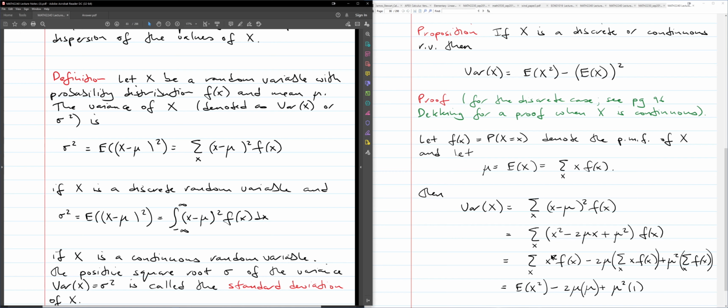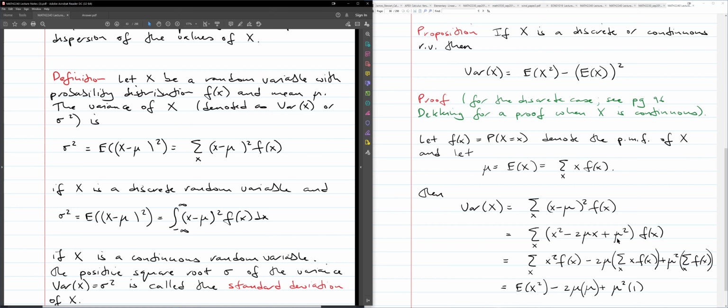And now you distribute the sum. First of all, you take the f of x and multiply it by each of these terms, and then you distribute the sum. So over here I have the summation of x squared f of x over all possible values of x. With the summation, I can pull out the mu, so I get minus 2 mu times the summation of x f of x.